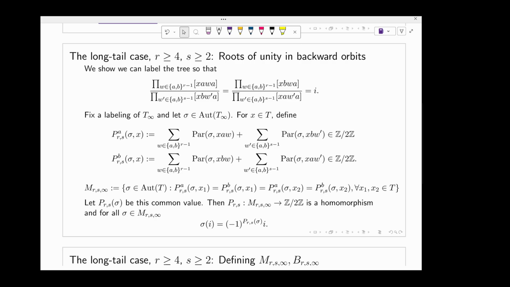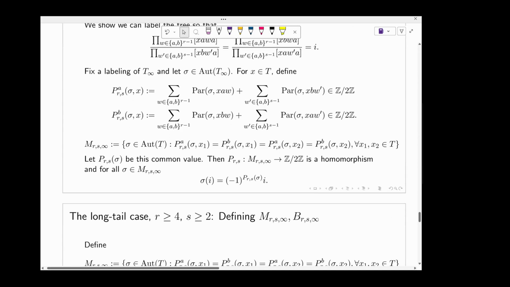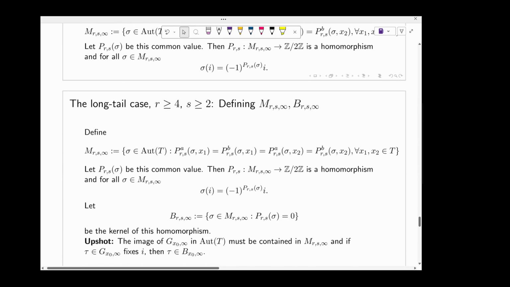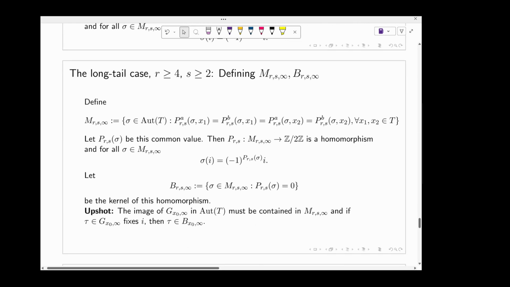So we get a homomorphism from our M group into Z mod 2Z. In this case, that's going to be the Galois group of the algebraic extension we get. We're going to see that our algebraic extension in this case is generated by just i. B is then the kernel of this map, so all of the things that fix i.